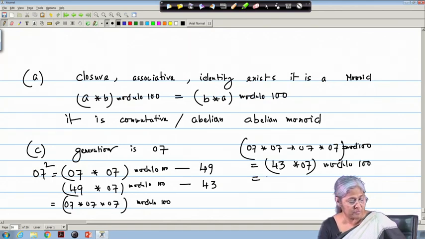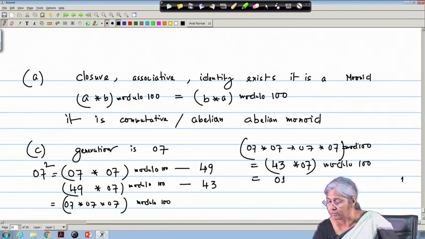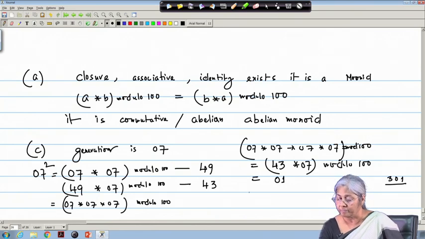This becomes 01, because if I multiply, I get 301, and divided by 100 it gives 01.